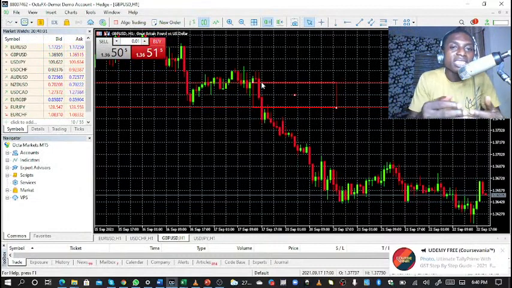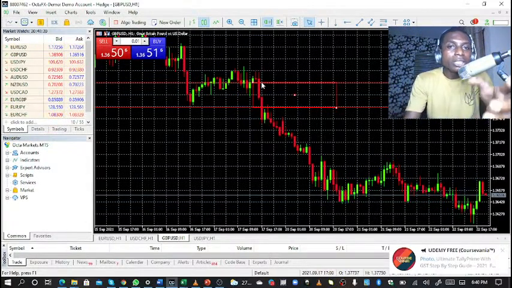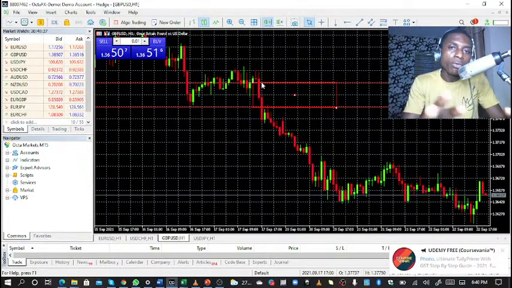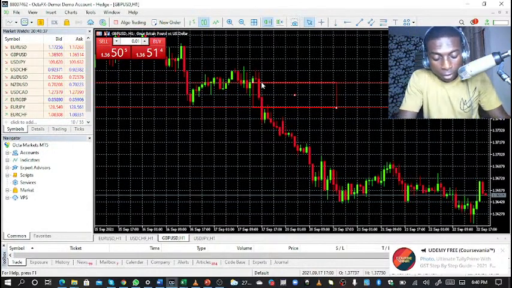The demo market is just a market where you can use free virtual money to trade the real-time market. You can take trades in real time, but the money is not real money. It's just virtual cash for you to learn one or two things. So it's good you get started with a demo account, and then you push further to open a real account and make a deposit.